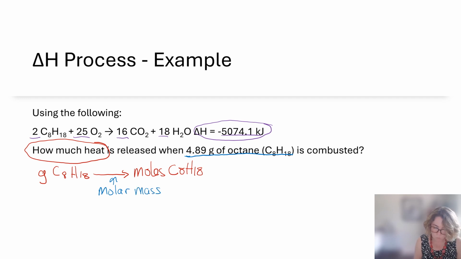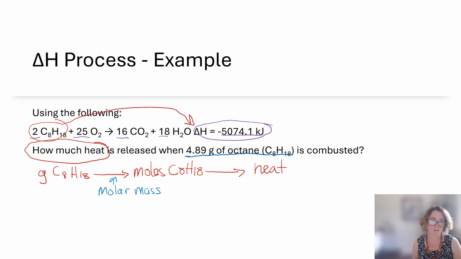All right, once I have moles of octane, here's where things are just a tiny bit different than the stoichiometry you've done before. I have to get myself to heat. Well, my relationship between the amount of octane and the heat is right in this balanced equation.